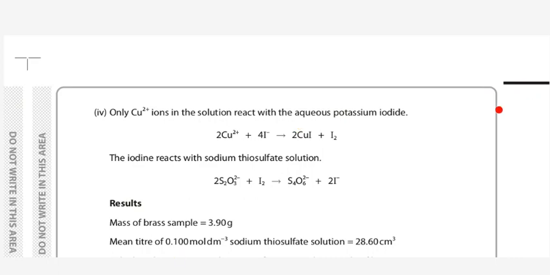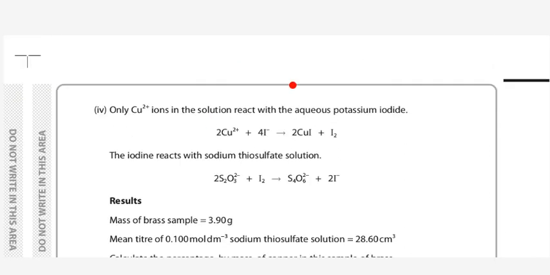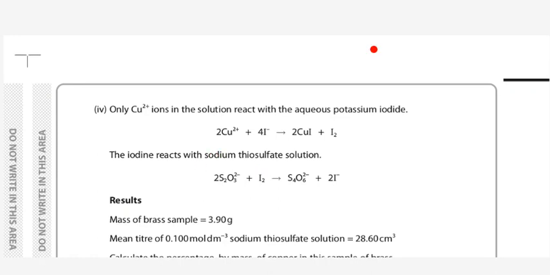Only copper 2 plus ions in the solution react with the aqueous potassium iodide, not the zinc. So it produces iodine, and this produced iodine is what is titrated with the thiosulfate. So the amount of iodine which is produced is the amount of iodine which is reacted here. Actually, it's the same amount, because the iodine which is reacted is what is titrated with sodium thiosulfate.